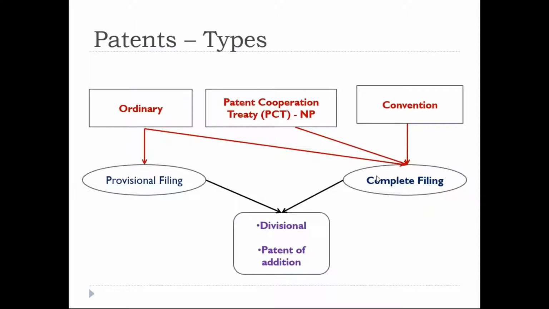If you are filing a patent in India for the first time, you should go ahead with this ordinary application. If the product or the process originates in India, and the first time you are going to convert it into IP in the form of a patent, this plays a major role.